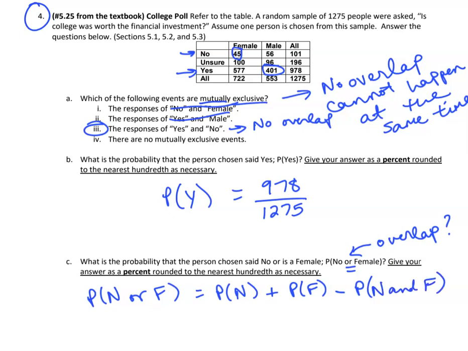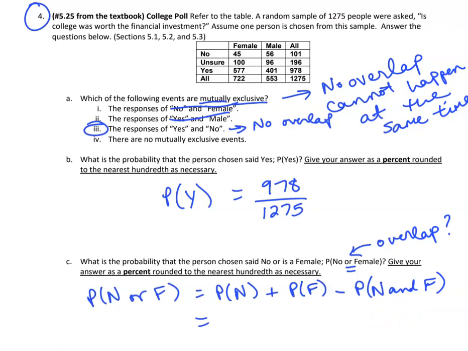Make sure you know that little formula for or probabilities. That's important. So in this case, these events are not mutually exclusive. There is going to be overlap of a group that is both no and female. So that has to be subtracted. Otherwise, you're going to double count that group.